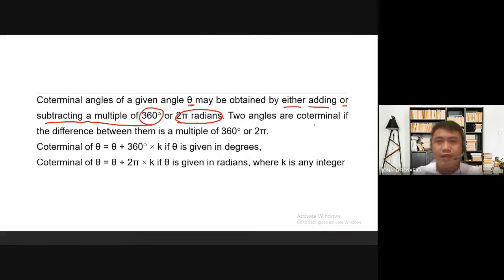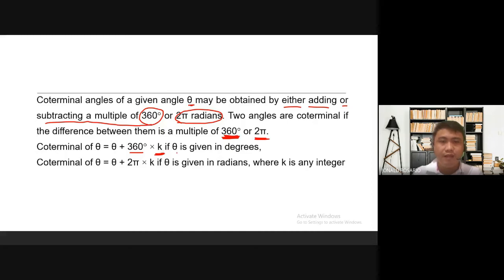So, two angles are coterminal if the difference between them is a multiple of 360 or 2 pi. So, ganun po yung ibig sabihin niya dun sa taas. Okay, so we have a formula. Yan. So, kung gusto yung gamitan ng formula, especially sa higher mathematics, may mga proving sila. So, the coterminal of theta can be obtained by using this formula. Theta is equal to theta plus 360 degrees multiplied to k.